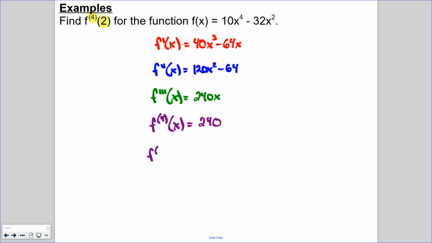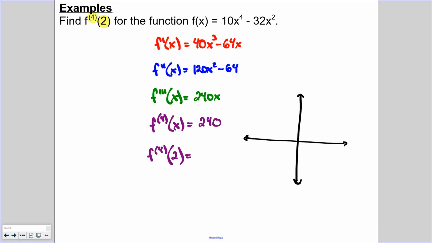So we're going to take the fourth derivative of 2, and, how do we plug 2 into 240? Well, we don't. So how do we answer the question? What does this 240 mean? Well, great question. Let's quickly sketch a graph of what we have here. So we can see that the fourth derivative is 240.